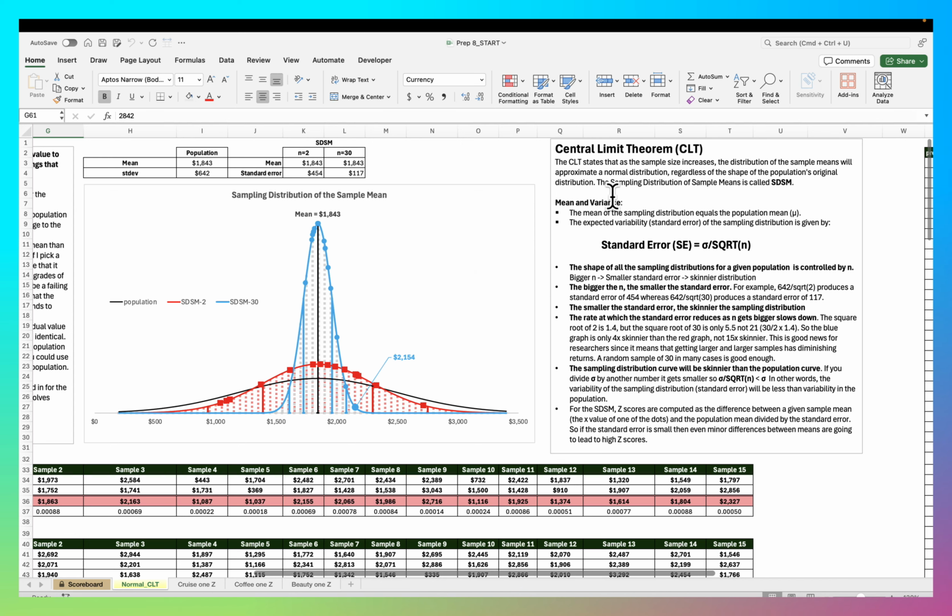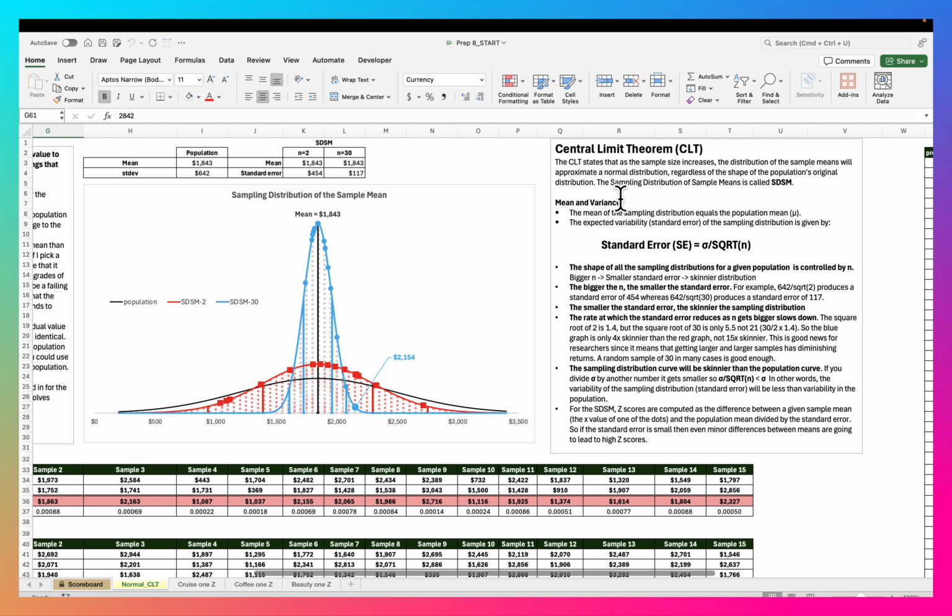All right, now let's talk about the central limit theorem, which explains why the blue distribution is skinnier than the red distribution. The central limit theorem states that as sample size increases, the distribution of sample means will approximate a normal distribution regardless of the shape of the population's original distribution.